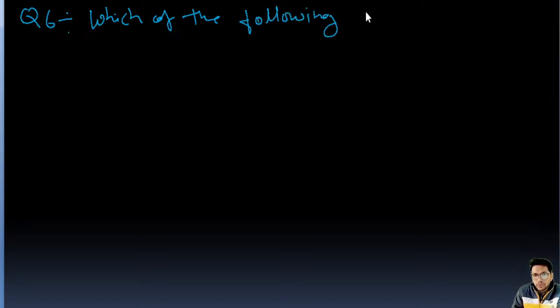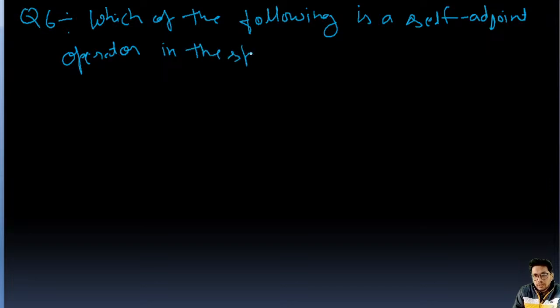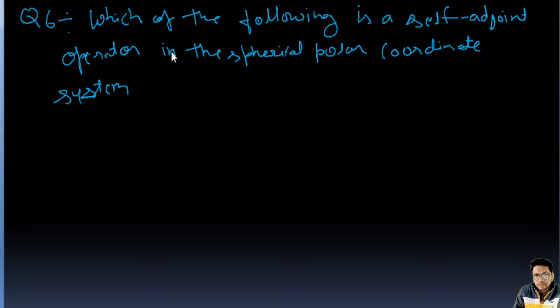Question number 6: which of the following is a self-adjoint operator in the spherical polar coordinate system, that is r, theta, phi.